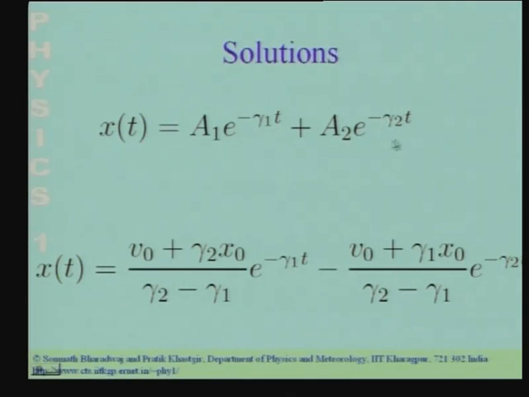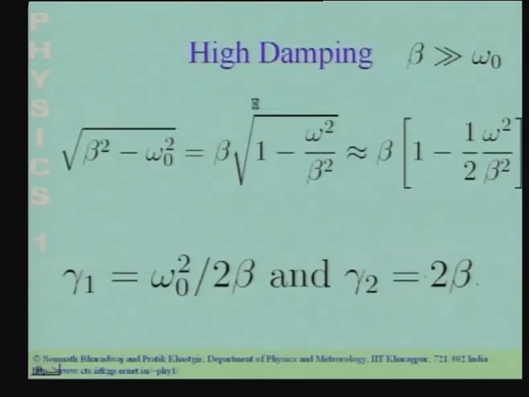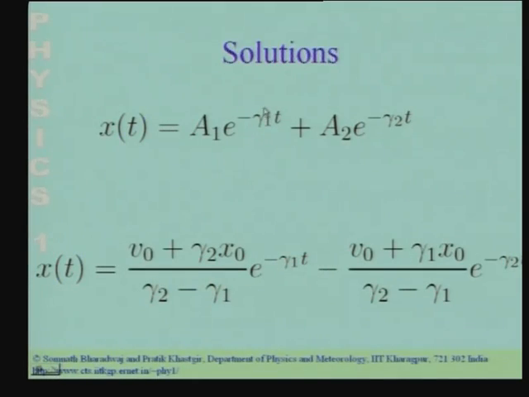For very large gamma 2, this exponential function decays very fast, whereas the other exponential function decays extremely slowly, because as beta is increased, if beta is made much larger than omega naught, the coefficient gamma 1 tends to 0, and if it becomes very small, the rate at which this exponential term decays becomes extremely slow. So, if you increase the damping very much, one of the exponential terms decays very fast, while the other one decays very slowly.